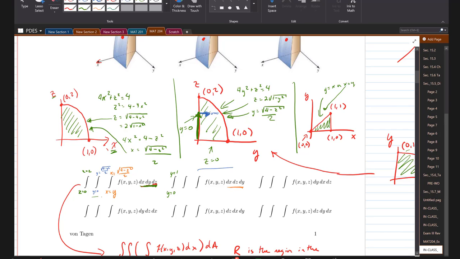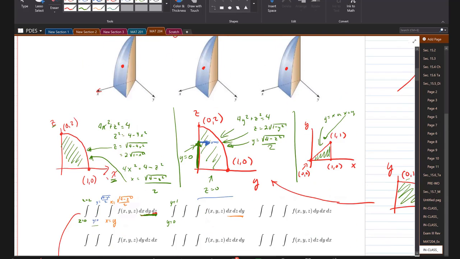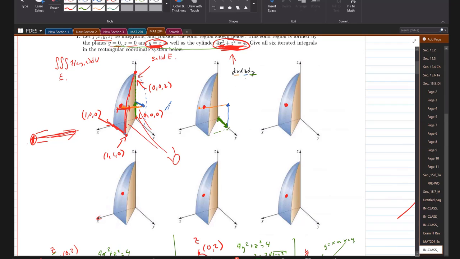So my y values range between y equals 0 and y equals 1, and then I do my dz, so I'm going up. Now what can the z values do? Well, they can go anywhere until I hit that blue curve in the YZ plane.